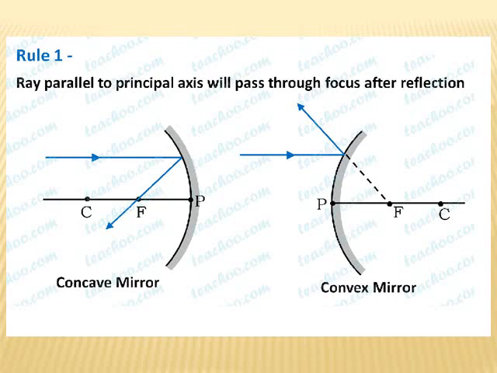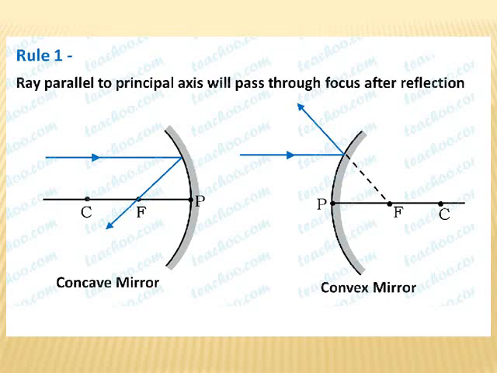So we can sum up the diagram like this. Any ray which is parallel to the principal axis after reflection passes through principal focus. So this is a common rule wherever you draw the ray diagrams. If the ray is parallel, then the reflected ray must pass through principal focus F. So this is the same case in convex mirror also.